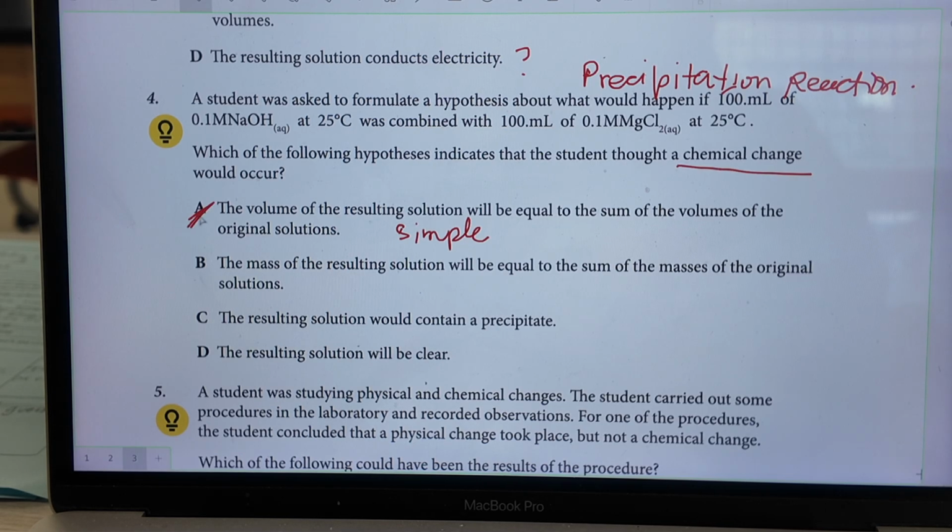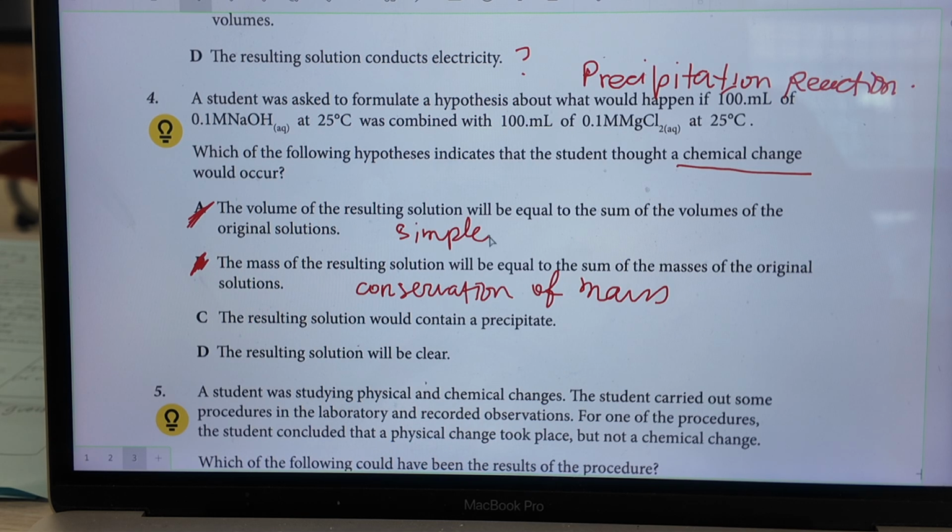So it can't be A. This is too simple. The things could just be added. You could add water to anything. That doesn't mean there's a chemical change. B, the mass of the resultant will be equal to the mass of the original. That's just the conservation of mass, right? That'll always be the case. The mass in the beginning and the mass at the end will always be the same, because you cannot create or destroy mass.